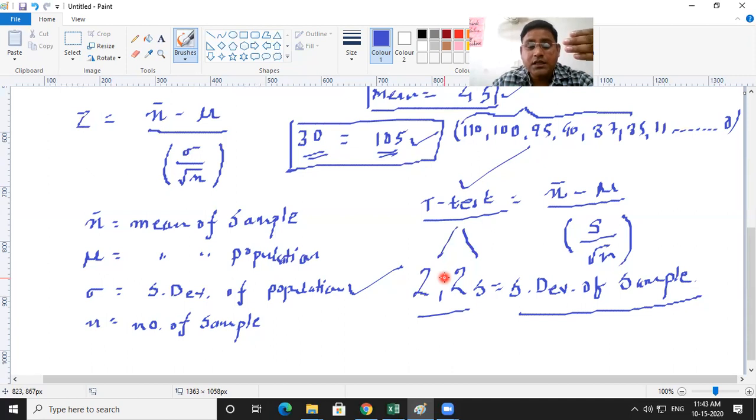Now the logic is the degree of freedom. If you see the T statistics table, you will find degree of freedom there. When the sample increases, degree of freedom will also increase, and the T graph will come near to the Z graph, the normal distribution curve, the bell curve.